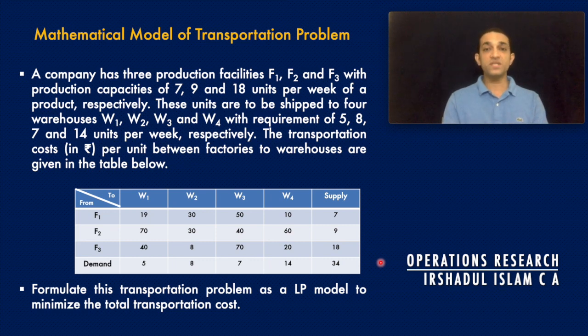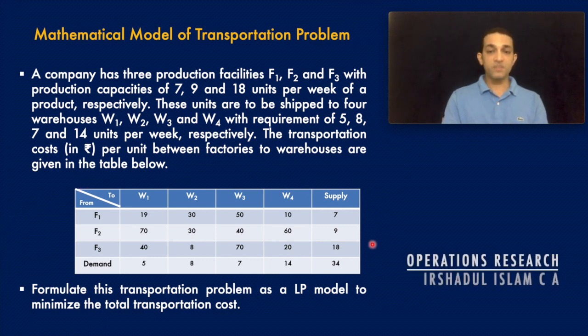These units are to be shipped to 4 warehouses, W1, W2, W3 and W4, with requirements 5, 8, 7 and 14 units per week respectively. The transportation cost in rupees per unit between factories and warehouses are given in the following table. Formulate this transportation problem as a linear programming model to minimize the total transportation cost.